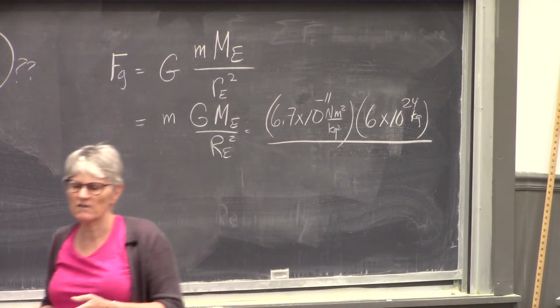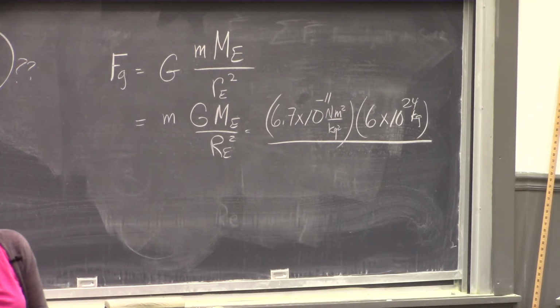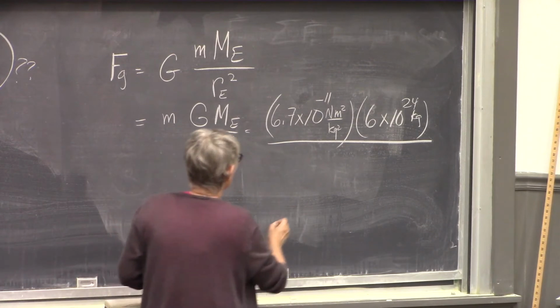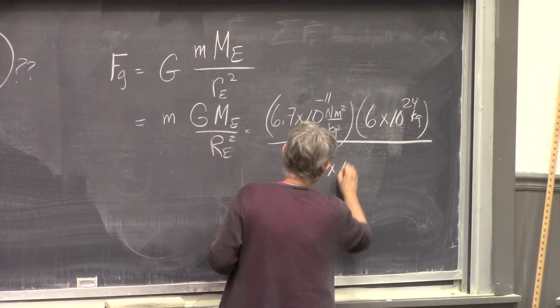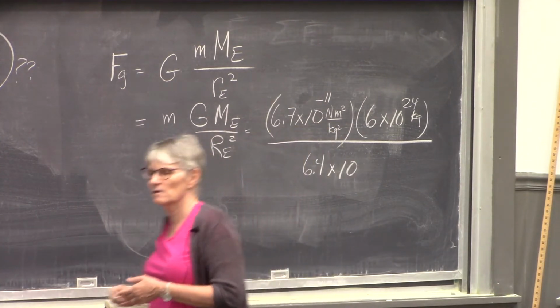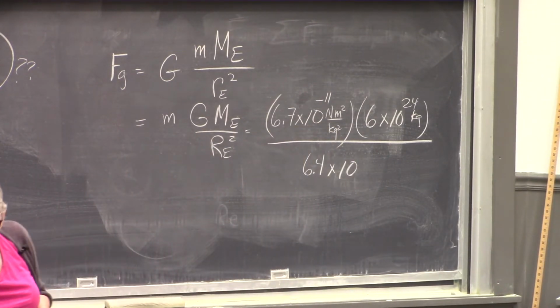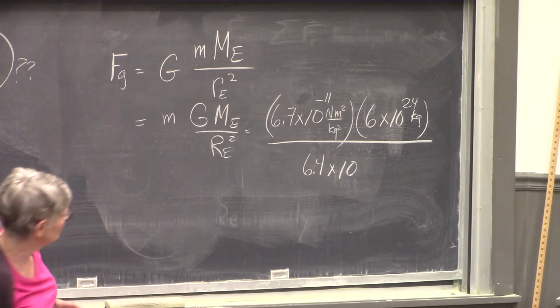And the radius of the Earth is on the order of 6.4 times 10 to the 6th meters.